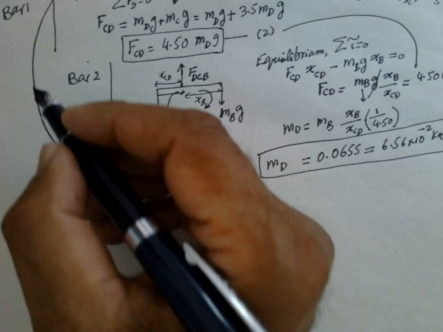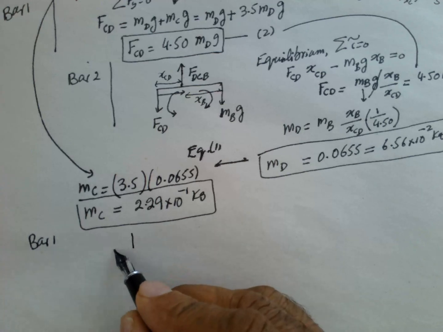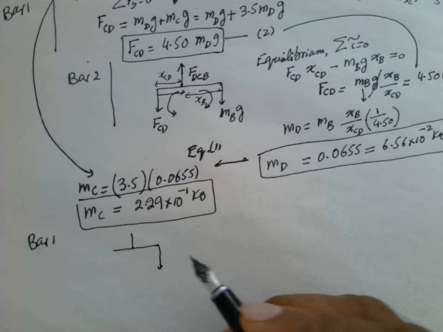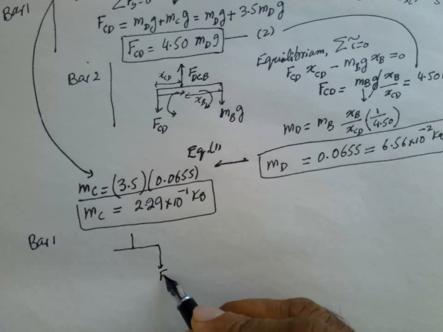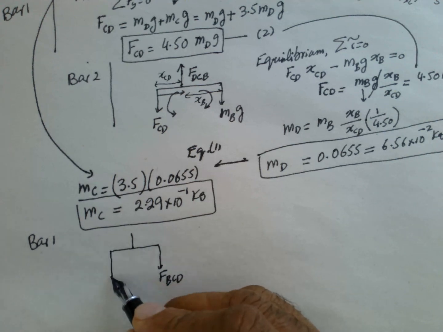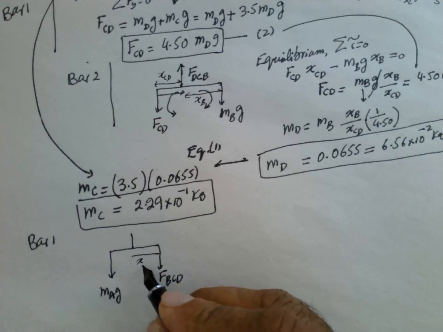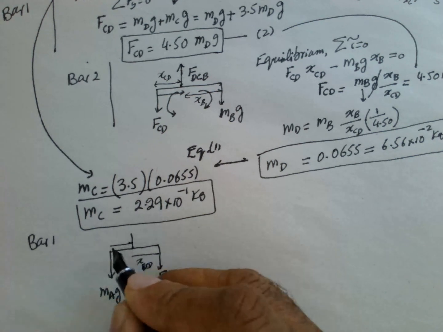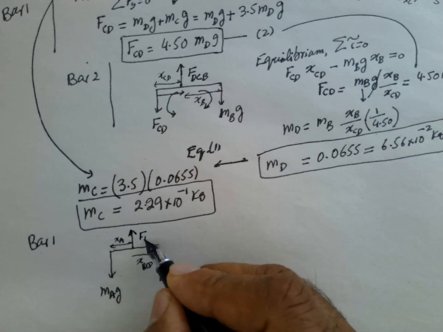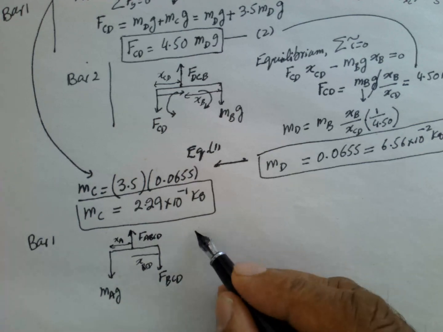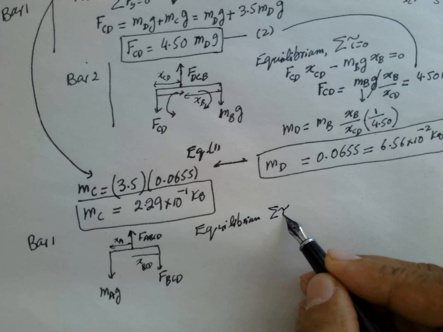So now use the bars. This was bar 2, now bar 1. So on this bar we have F of BCD, and this one is MAG. This is X of BCD, this is X of A, and this one is F of ABCD. In equilibrium, the sum of the torque is equal to 0.